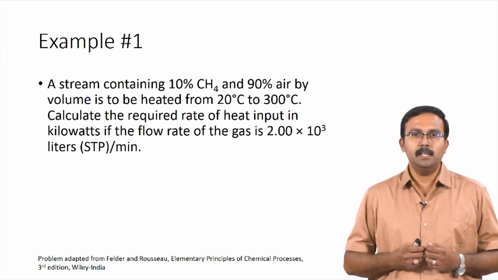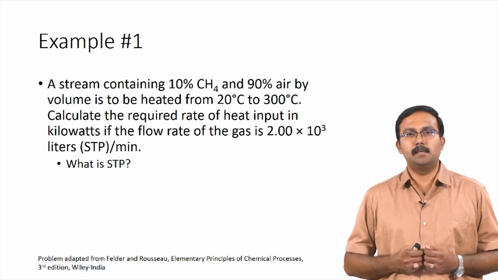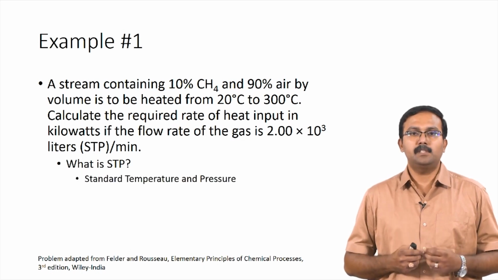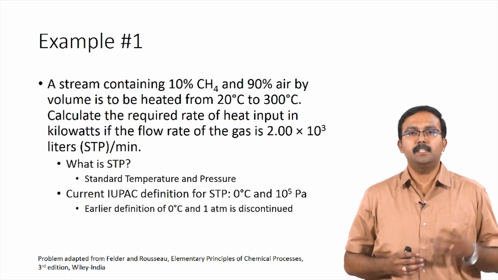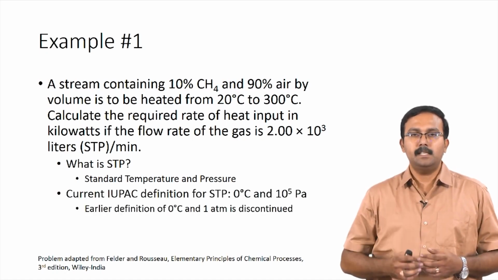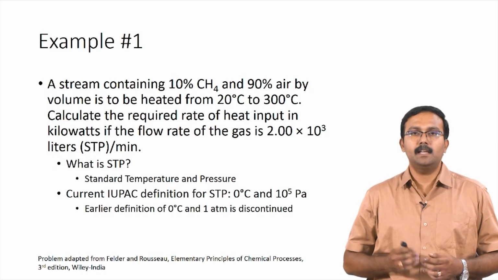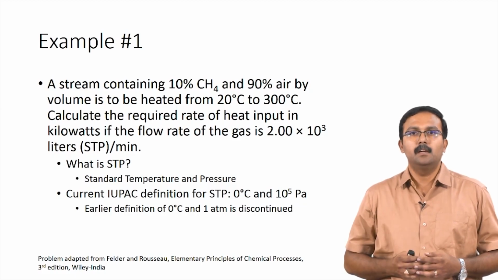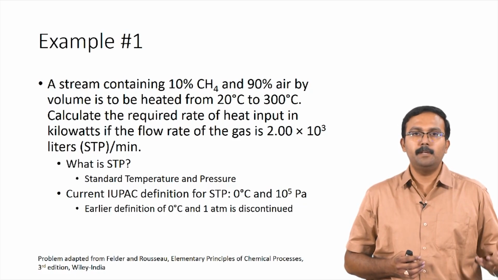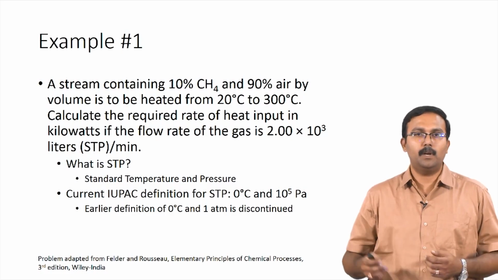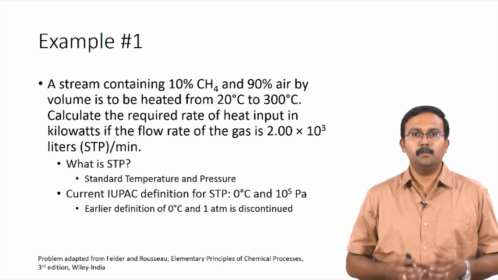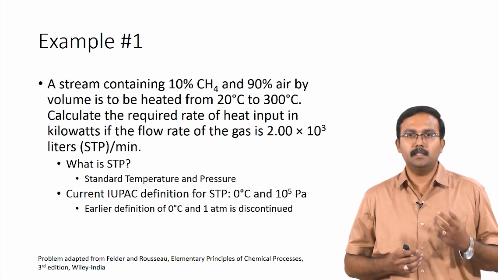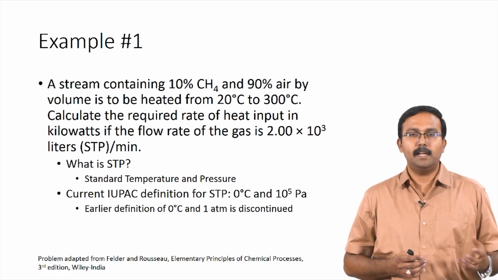Now, first thing we need to know is what is STP. STP stands for standard temperature and pressure. According to the latest definition by IUPAC, STP is 0 degree Celsius and 10 power 5 pascals. The earlier definition which used to be used was 0 degree Celsius and 1 atmosphere. So, this has now been discontinued and we have to use 0 degree Celsius and 10 power 5 pascals for STP.